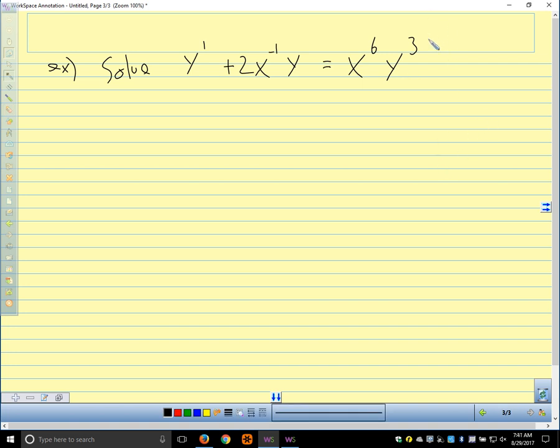All right, so this term, this y to the 3rd, makes it nonlinear, because for a linear differential equation, the function and its derivatives only appear to the first power. So here the function is raised to the 3rd power. So this is a Bernoulli differential equation.